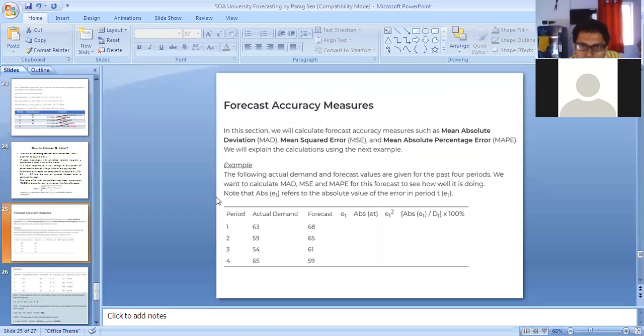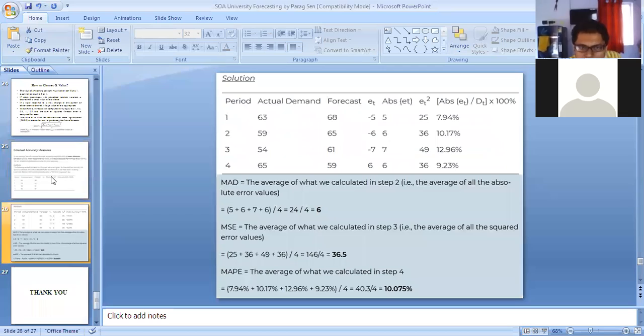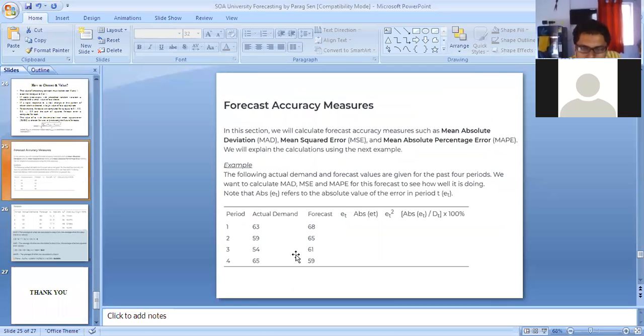Now, the forecasting accuracy measures. How to measure forecasting accuracy? You use measures like mean absolute deviation, mean squared error, and mean absolute percentage error.